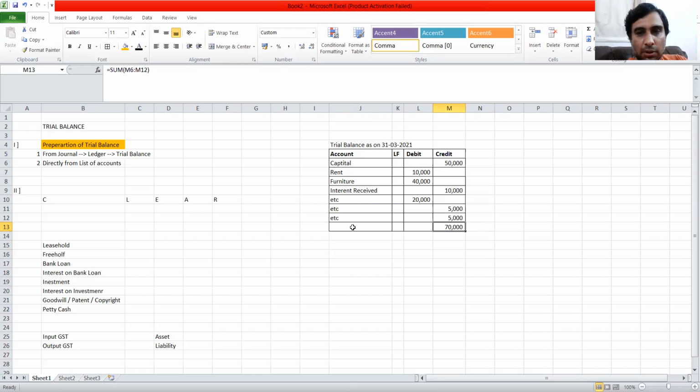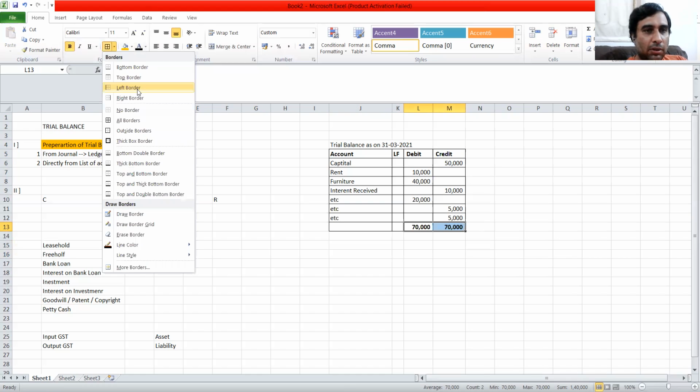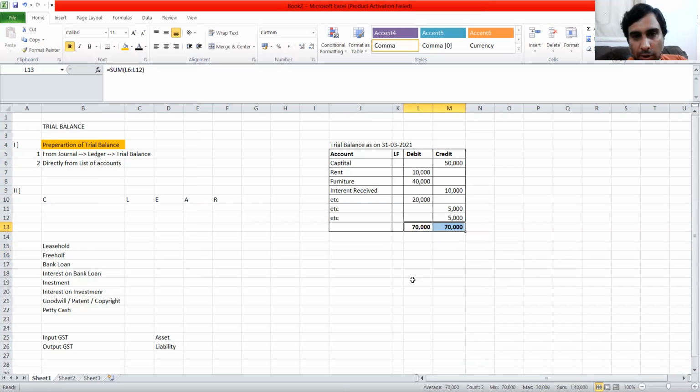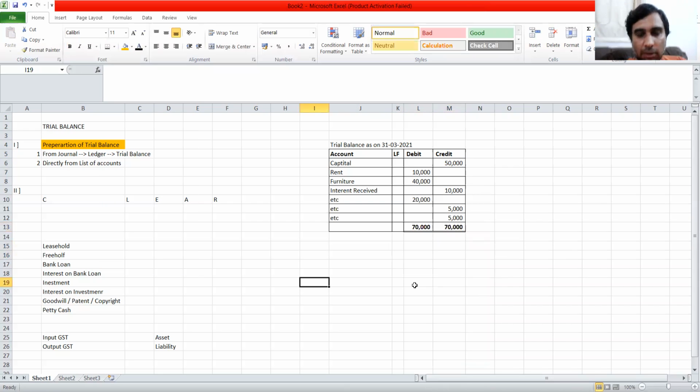So 70,000 and 70,000, and you are done. You will double underline your total column. You typically do double rows below the total column like this. So 70, your trial balance has tallied.